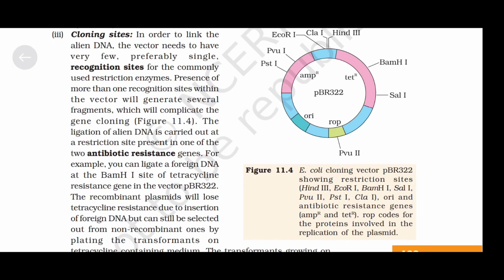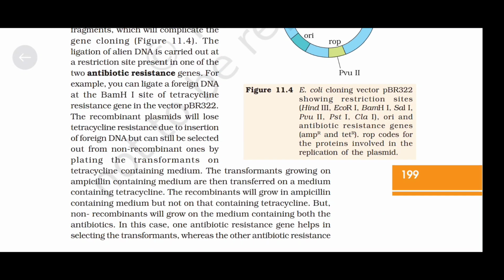For example, you can ligate a foreign DNA at the BamHI site of the tetracycline resistance gene in the vector pBR322. The recombinant plasmids will lose tetracycline resistance due to insertion of foreign DNA, but can still be selected out from non-recombinant ones by plating the transformants on tetracycline containing medium.